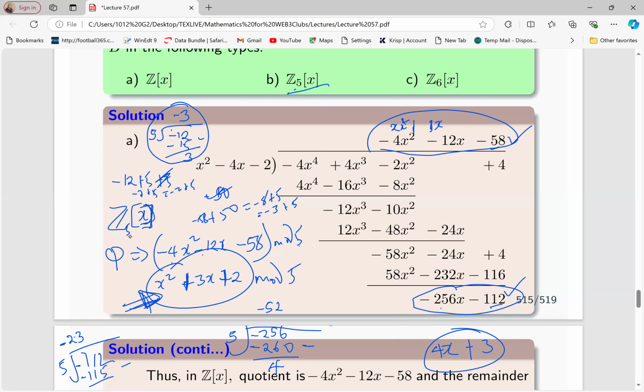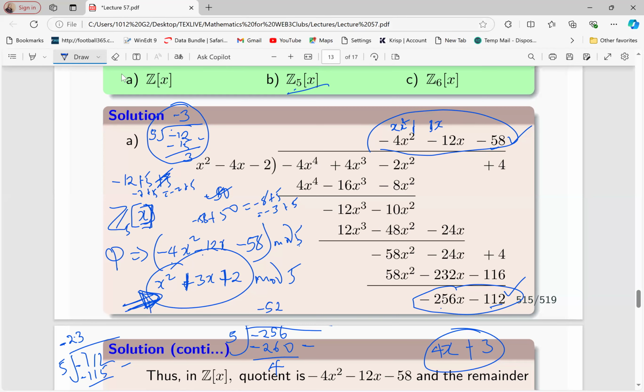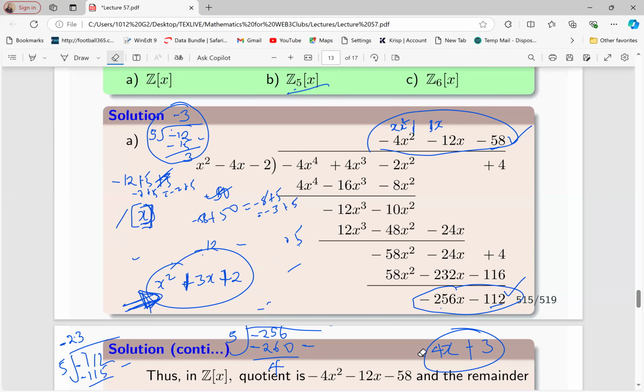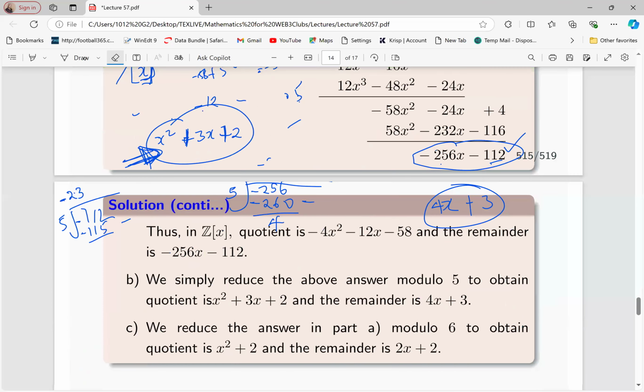The quotient is here, mod 5. And then the remainder is 4x plus 3. This is what I got as the quotient and the remainder.